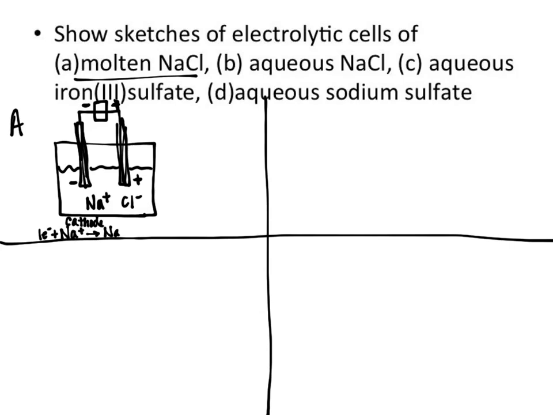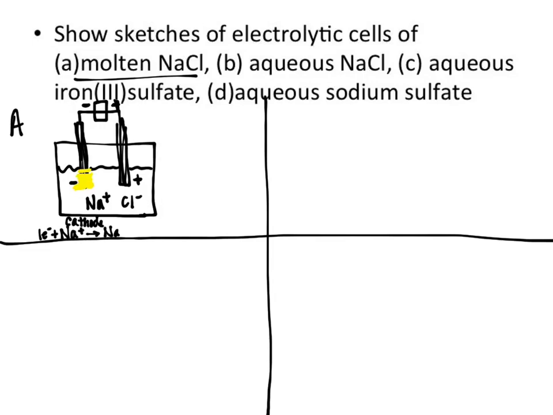When we start this reaction, we're going to start plating sodium metal on this electrode. This is how they get sodium when we want to use it for experiments or show you guys how cool it is. It doesn't naturally occur, so they have to do electrolysis to get it.